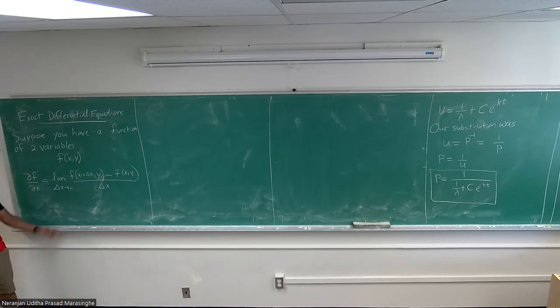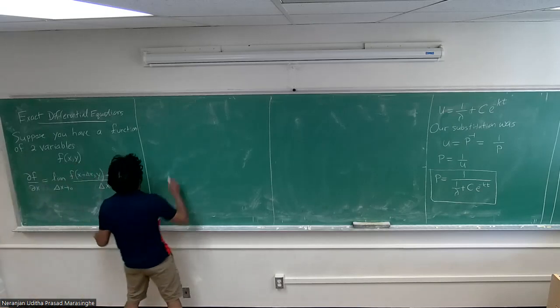I changed the variable x by delta x amount, and I'm going to check what would happen to this ratio. This is called the partial derivative of f with respect to x.